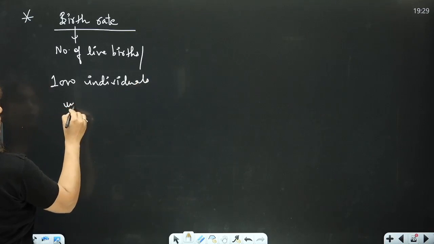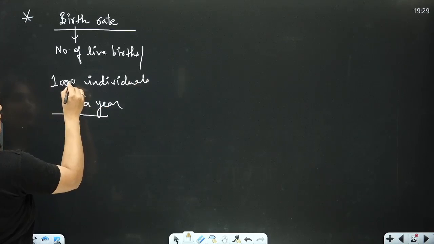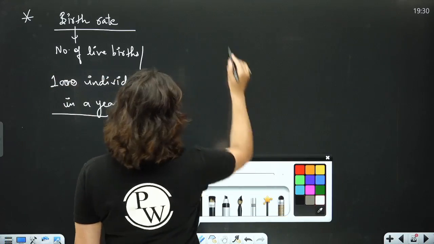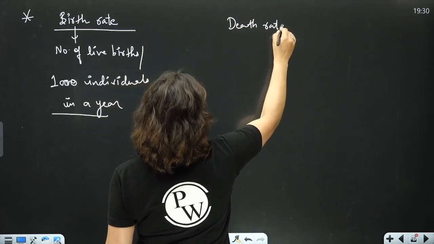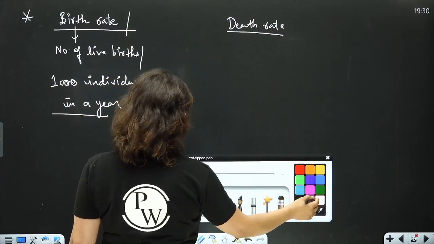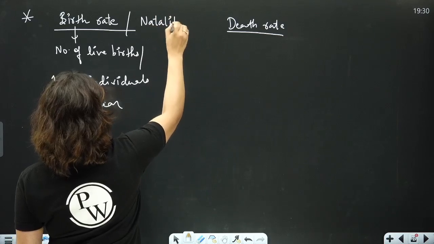So in a year, per 1000 individuals, how many live births have occurred? That is called the birth rate. Then comes the death rate. Birth rate is also called the rate of natality.